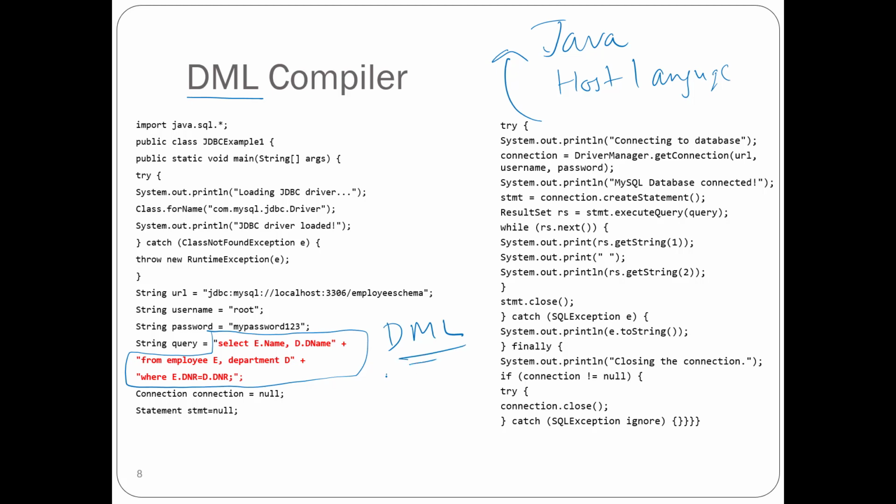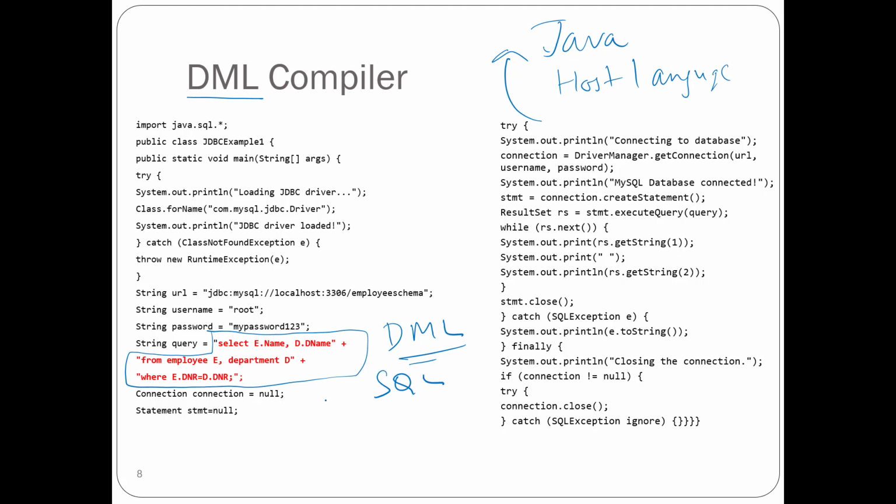Okay, SQL DML statement, which says select e.name, d.name from employee E, department D, where e.dnr is equal to d.dnr. Don't worry about it. This is simply a data manipulation language statement that has been embedded in the Java program.